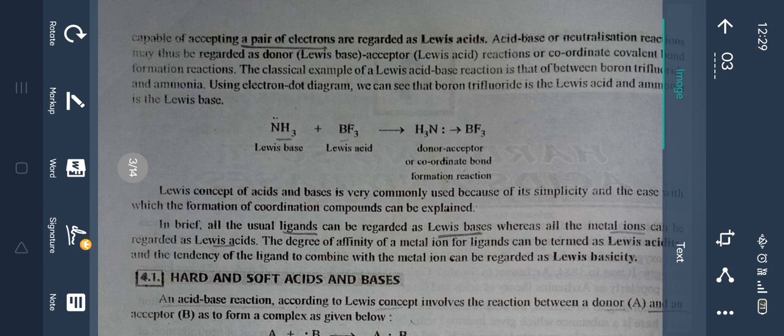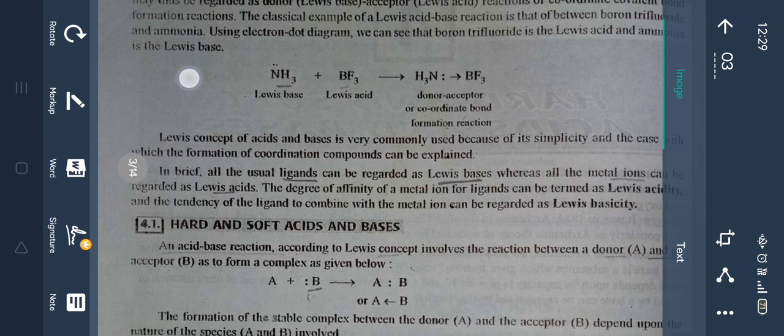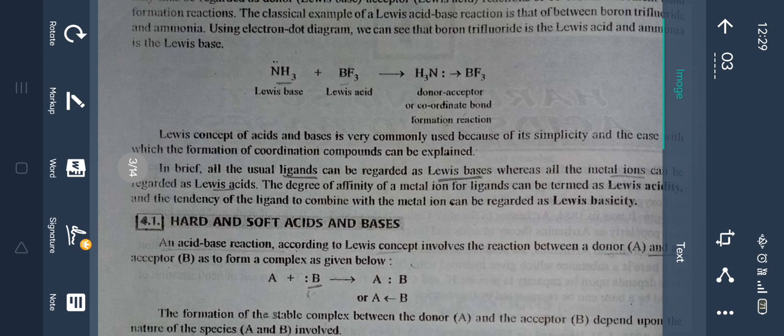NH3 plus BF3 gives NH3 donating its lone pair to BF3, a donor-acceptor or coordinate bond formation reaction. The Lewis concept of acids and bases is very commonly used because of its simplicity and the ease with which the formation of coordination compounds can be explained.